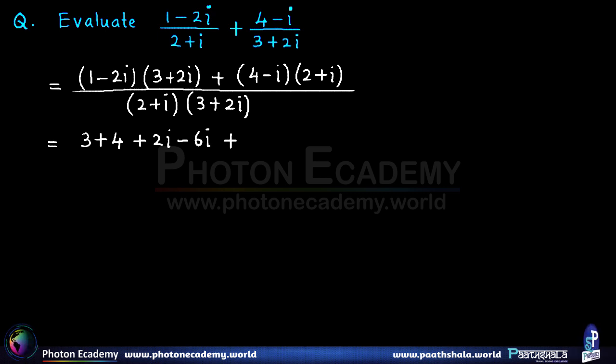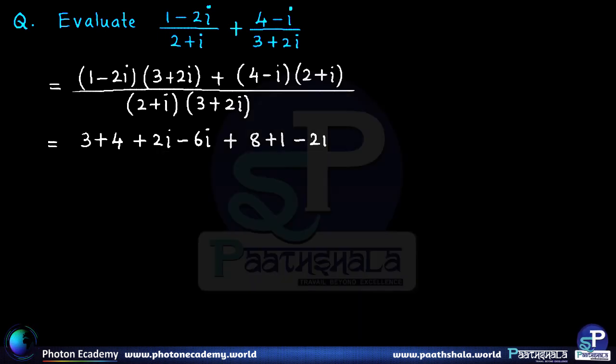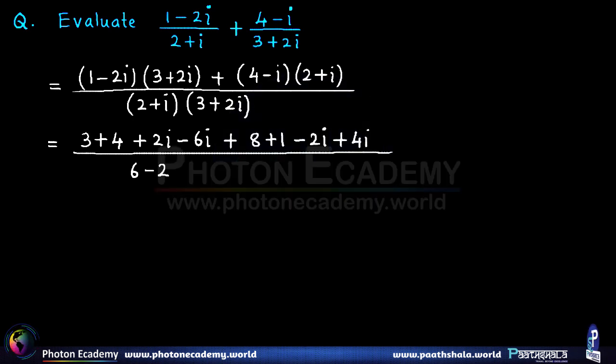Now if we consider the second multiplication, similarly we can write down the real part as 8 plus 1, and the imaginary part will be calculated as minus 2i plus 4i. Now similarly we will continue in the denominator. The real part is 2 into 3, which is 6, plus i into 2i, which is minus 2, and the imaginary part is i into 3, which is 3i, and 2 into 2i, which is 4i.